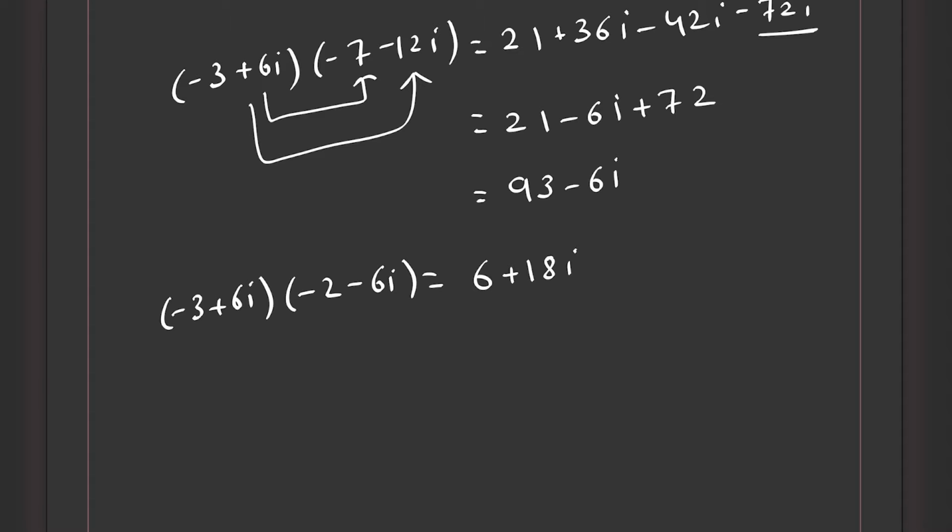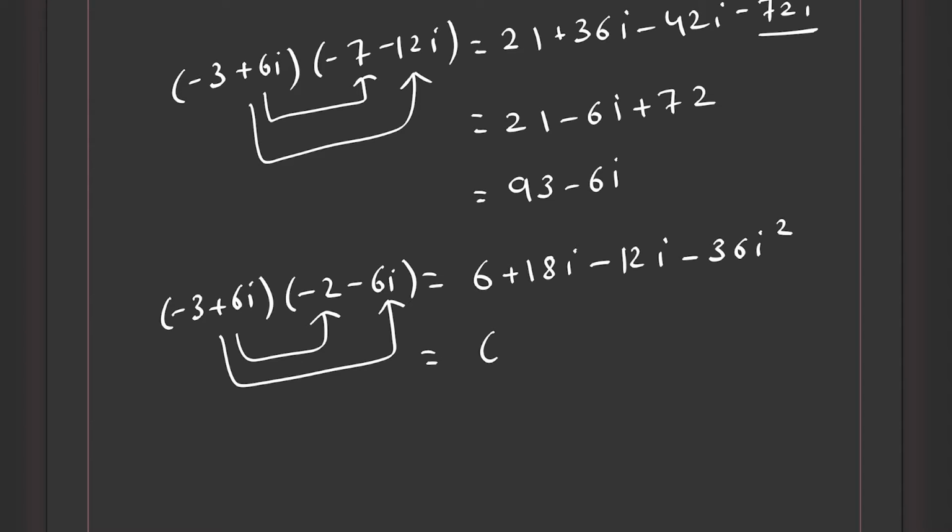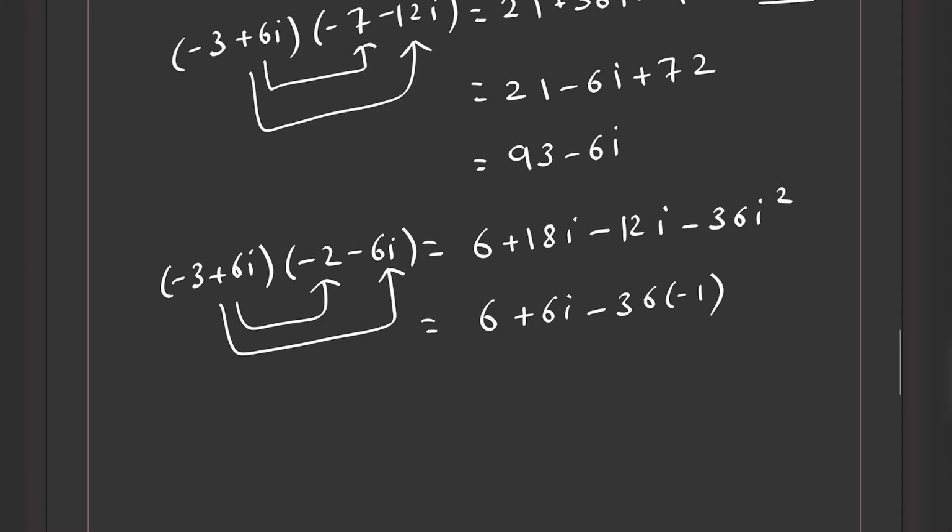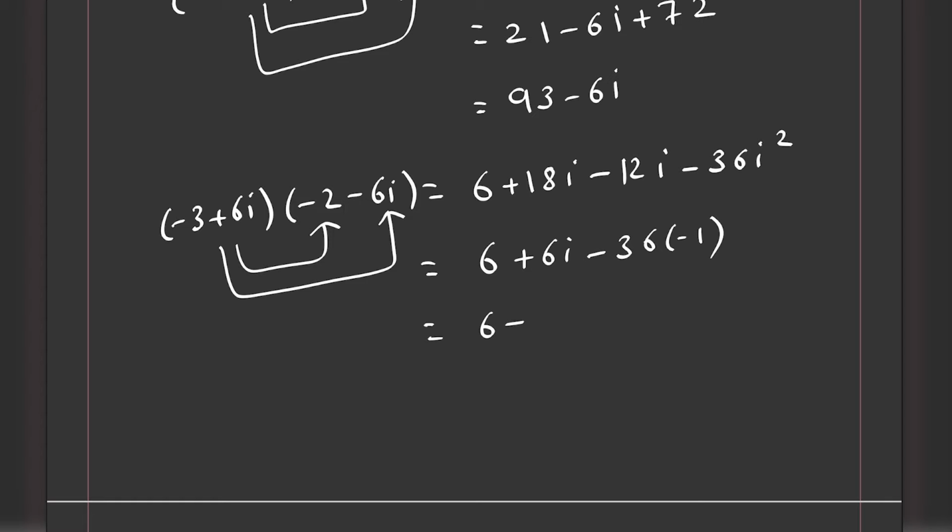Minus 6i times 6i... 6i times minus 2 is minus 12i, and 6i times negative 6i is negative 36i squared. 18i minus 12i is positive 6i, and minus 36i squared is minus 36 times minus 1. So 6 plus 36, and plus 6i. 6 plus 36 is 42 plus 6i.